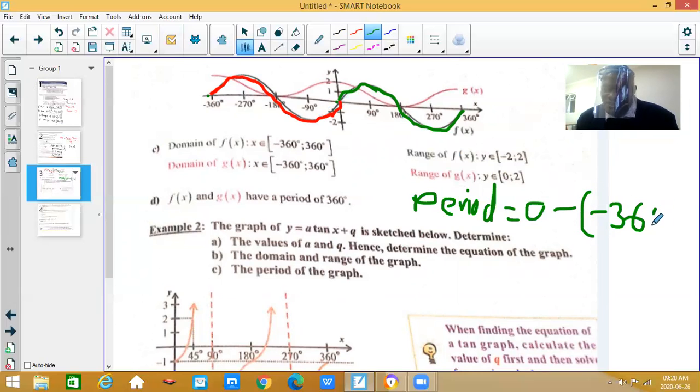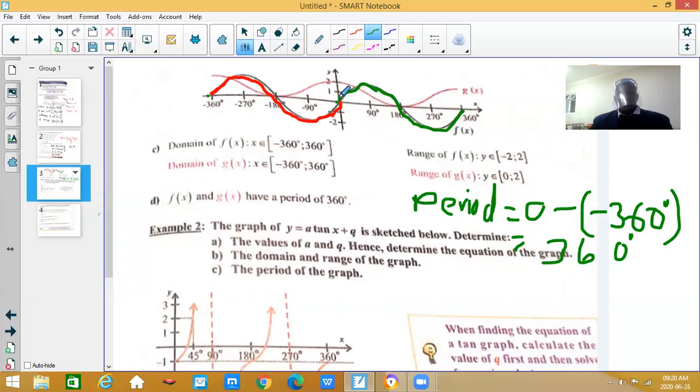You must be careful when you are taking these. From minus 360 to 0 it repeats. So 0 minus times the minus is a positive, and the period here is going to be 360 degrees.